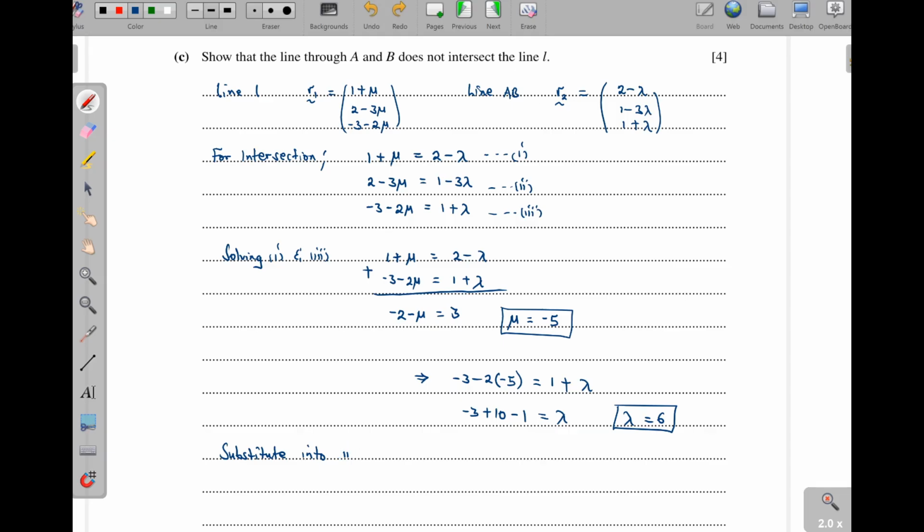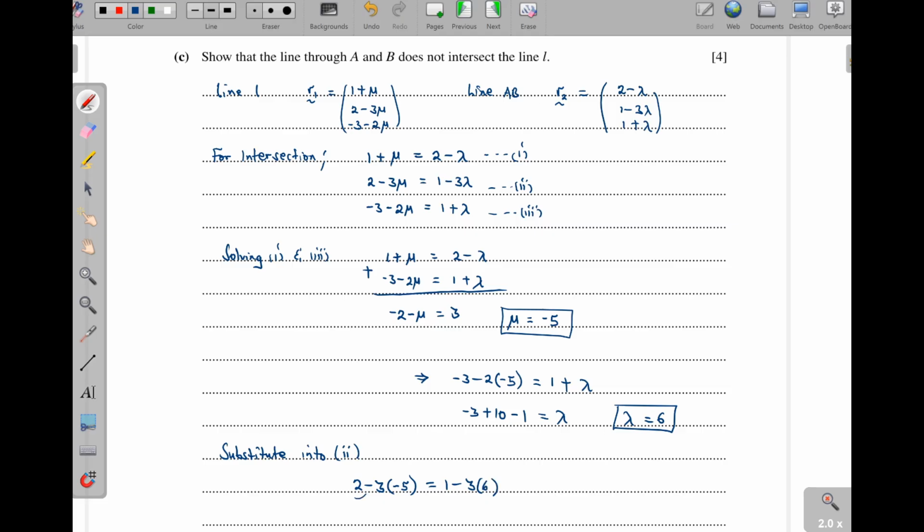The one we left out is equation 2. We used equations 1 and 3, so you substitute in the one that is left out. So we have 2 minus 3 times negative 5 here, and then this one is equal to 1 minus 3 times the lambda, which is 6 here.